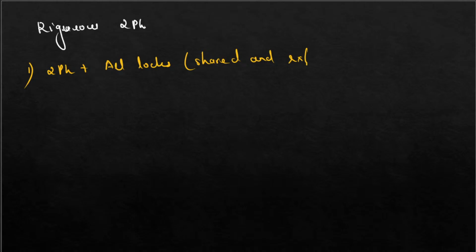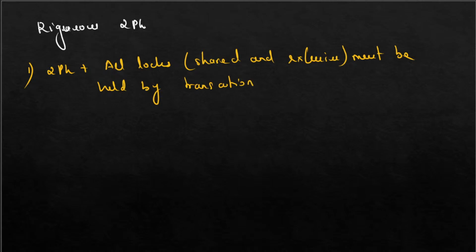The first one is 2PL plus all locks, shared and exclusive, must be held by transactions until commit or rollback.